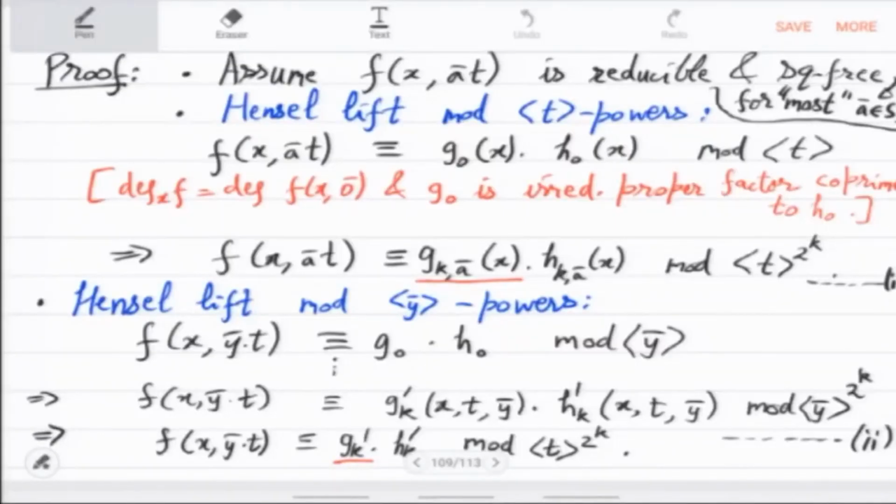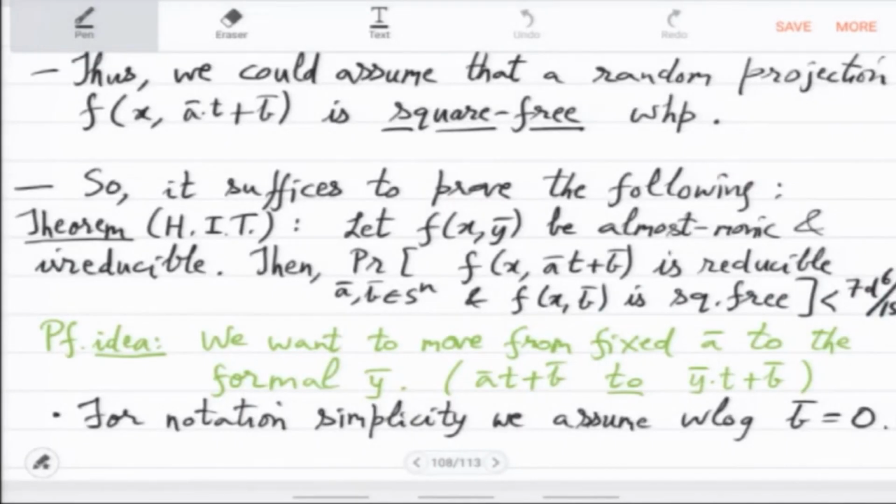Okay, and you also get the specific probability bounds. So this error probability is 7d^6 divided by the sample size. So we have proved this theorem, HIT. Okay, so this theorem is now proved. So using this theorem, it is not very difficult to come up with the multivariate factoring algorithm.